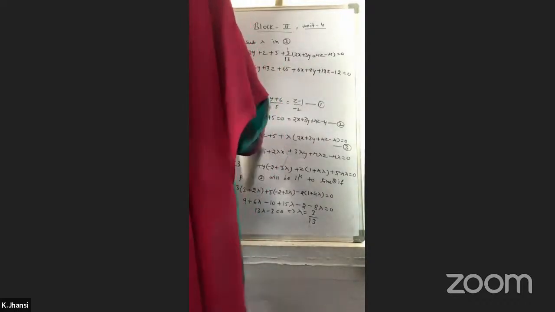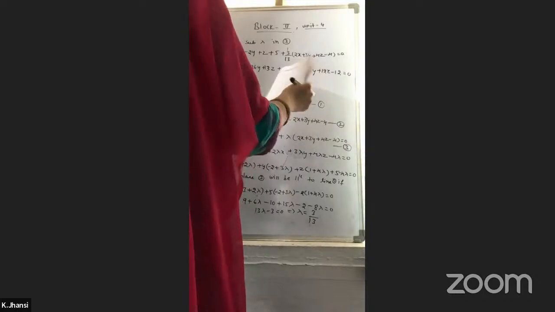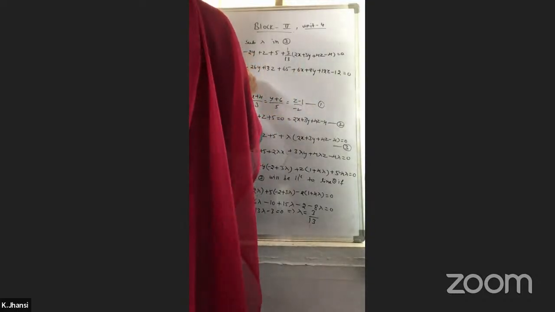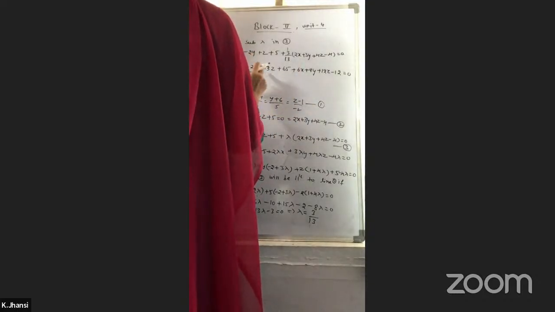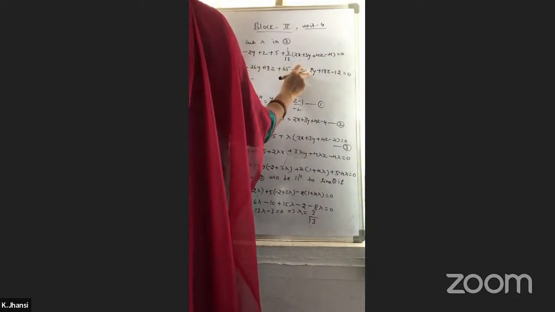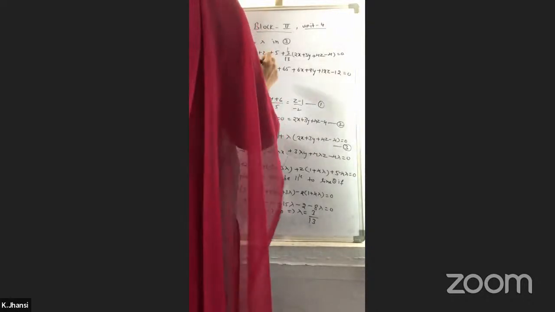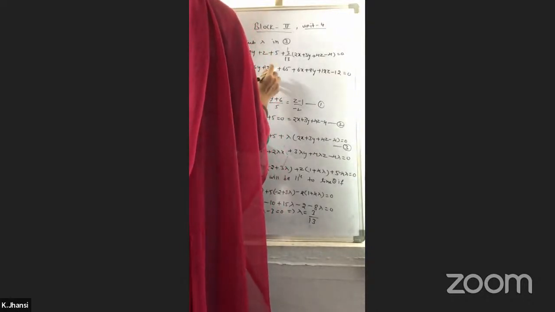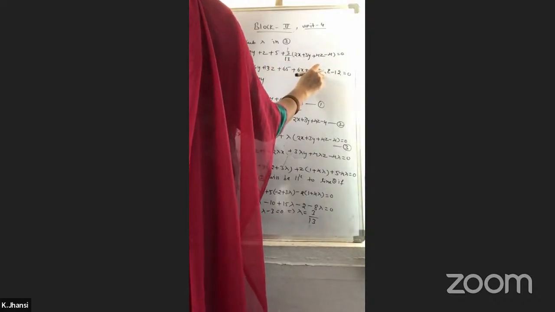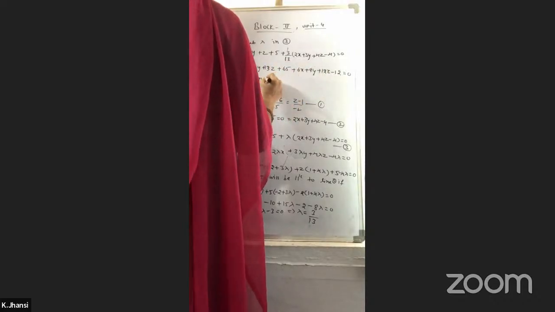Now 39x plus 6x, you will get 45x. Minus 26y and plus 9y, so you will get minus 17y. Plus 13z plus 12z, that means 25z.